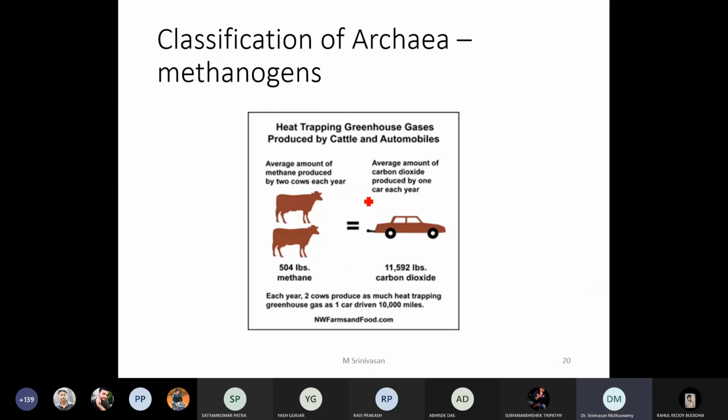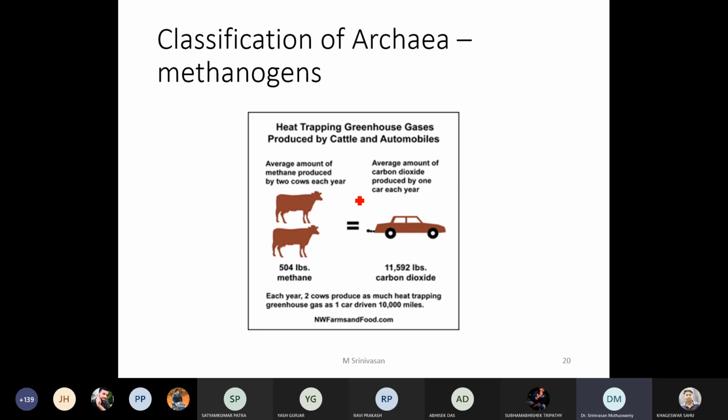Methanogens. As I said already, these are the organisms responsible for production of methane. In general, the cow that is being bred also contains these methanogens in its intestine. The intestine is populated by these methanogenic bacteria, which utilize whatever the cow feeds on.